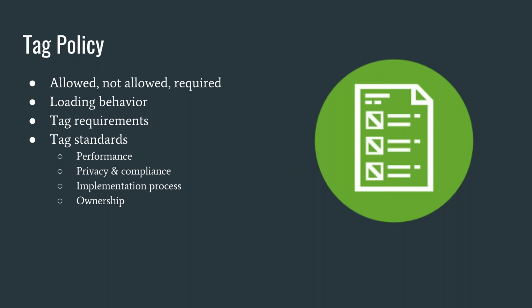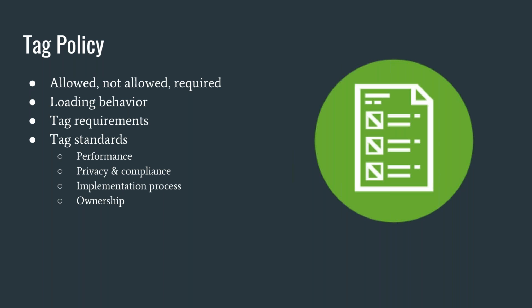Now, this goes initially just in terms of what platforms can, can't, and have to be on my website. But then also for all of those that are allowed and required, what is the loading behavior? How should it be initiated from the page source through the tag management system?